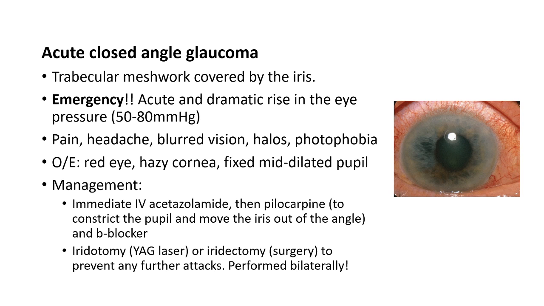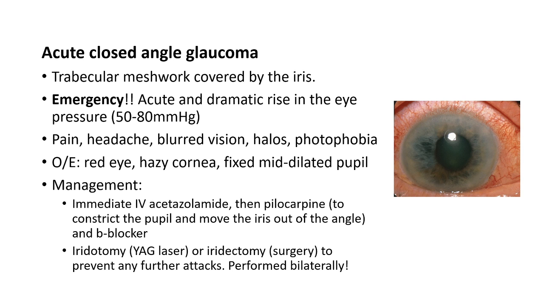Pilocarpine will also constrict the pupil and lift up the iris to open the trabecular meshwork and thus allow aqueous fluid to drain. Once stable, then laser iridotomy or surgical iridectomy will permanently create a hole on the iris to prevent further attacks.